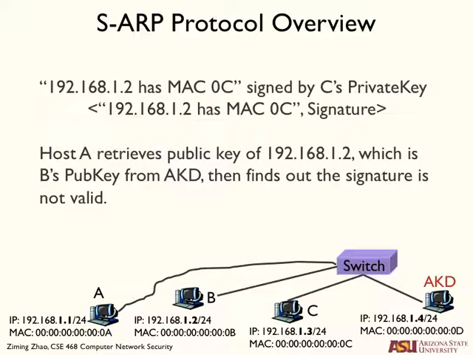Then when A receives this message, it first retrieves the certificate from AKD, which means the public key of 1.2, and this public key is actually host B's public key, not host C's public key. So it does a decryption, and it will find that the signature is different from the signature sent from C, so it will reject this ARP reply. So in this case, host C cannot pull off a spoofing attack. Make sense?